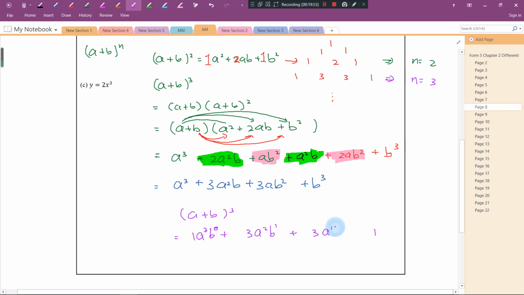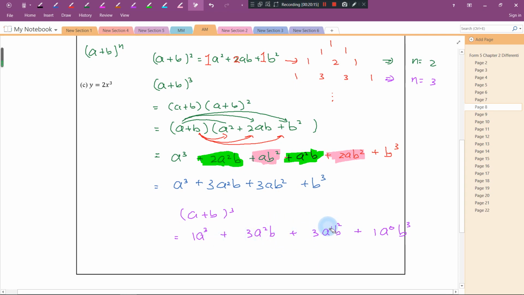You will get 3A power 1, and B increases, becomes power 2. And the last one, A will become power 0, B will become power 3, but we do not write it this way normally. B power 0 we don't have to write, power 1 we don't have to write.